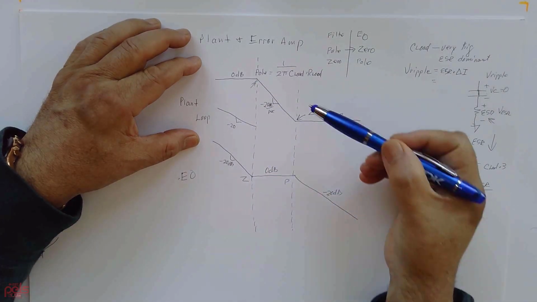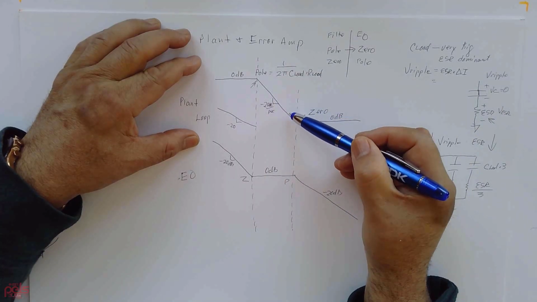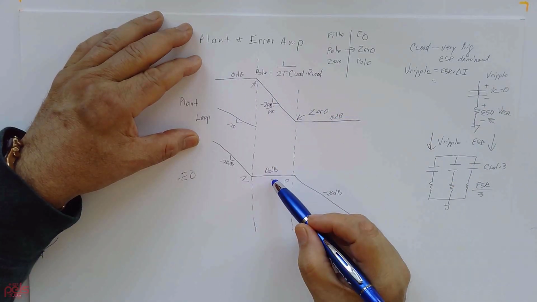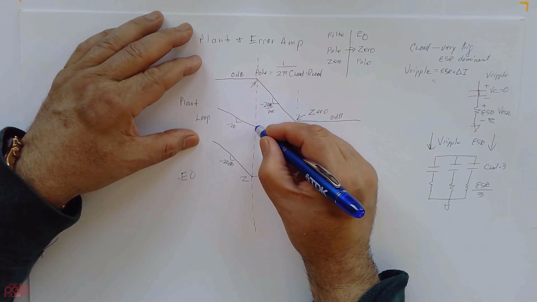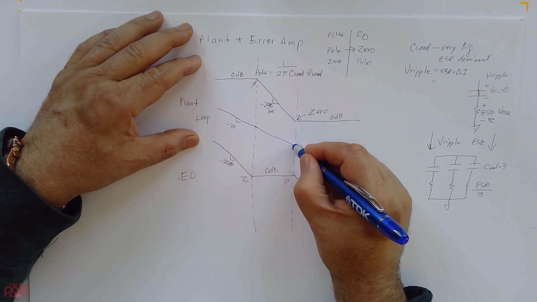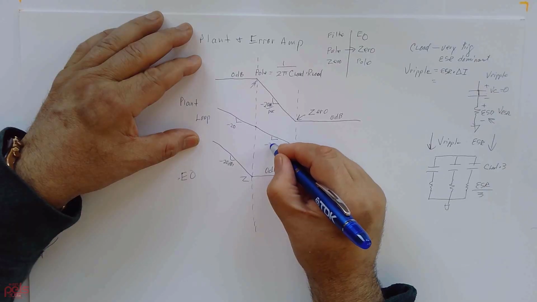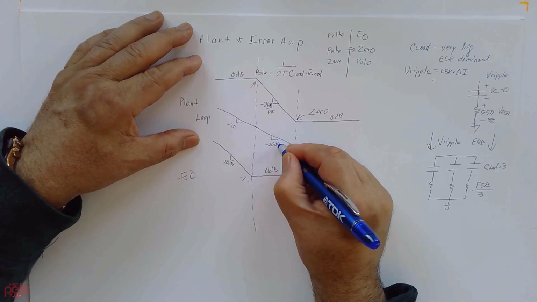In this section, you have this negative 20 dB slope plus 0 dB, so the combination ends up with negative 20 dB per decade.